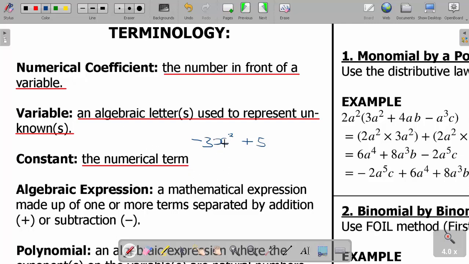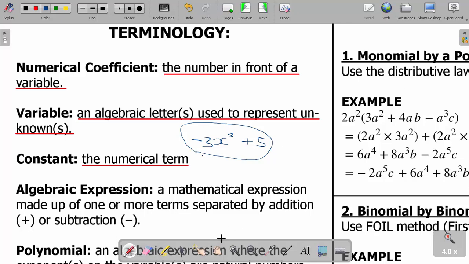Then the x is called the variable, and then the 5 is the constant, the numerical term. So now what you see here is called an algebraic expression. It's called what? Algebraic expression. So I think we're together. Because there is no equal sign, we cannot say it is an algebraic equation. Are we together? Let us proceed, guys.